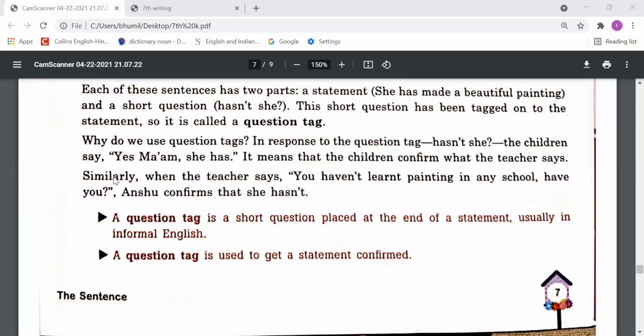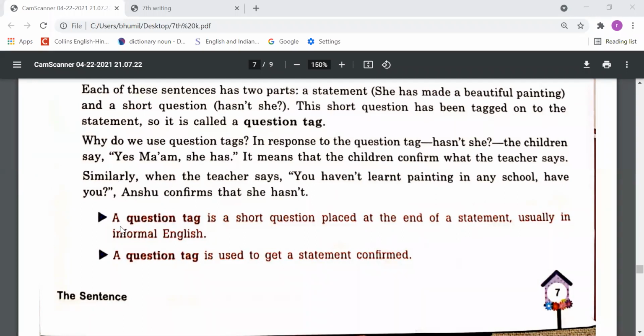Anshu confirms that she hasn't. The teacher says that you haven't learned painting in any school, and puts the question tag after that, have you? Just giving the confirmation.